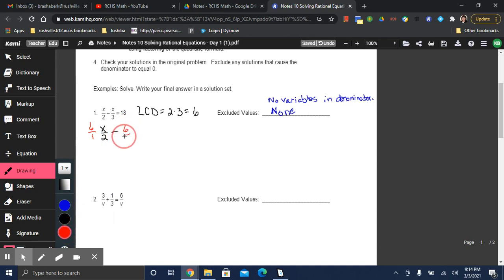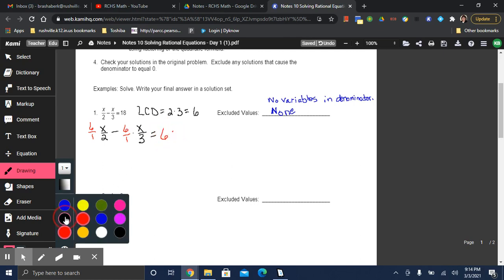This is my common denominator again, times my next term, which was x over 3. And then my equal sign, and I'll be taking my common denominator 6. Now I'm not going to put it over 1 this time because I'm multiplying it by this whole number 18. So there's no reason to write that as a fraction.